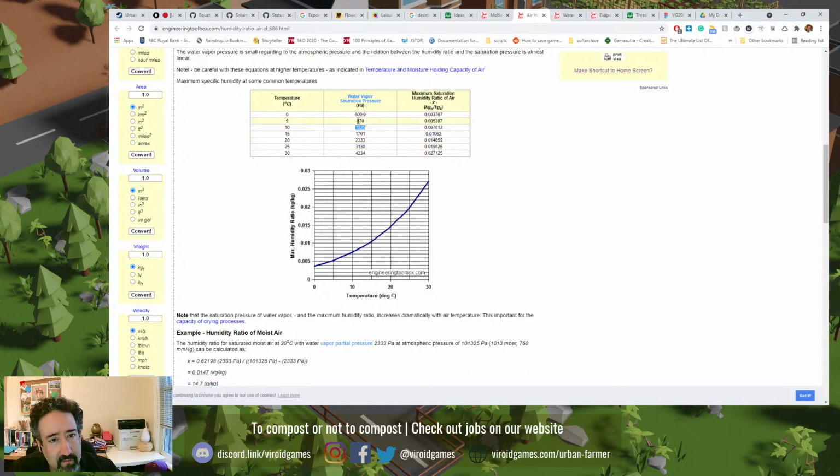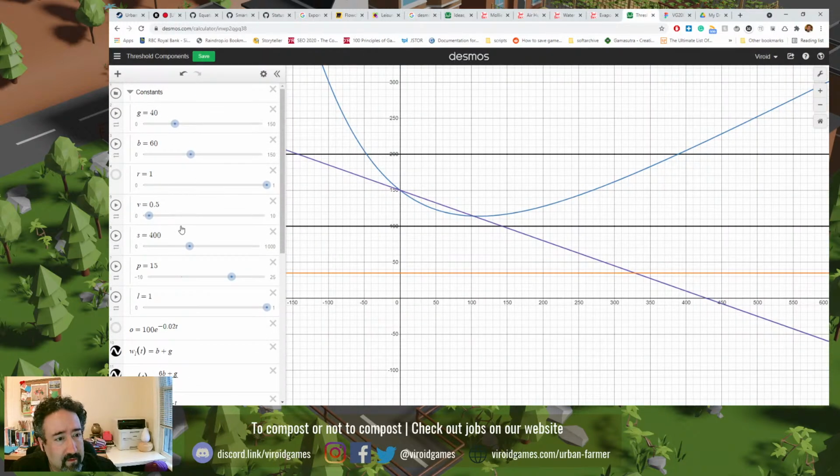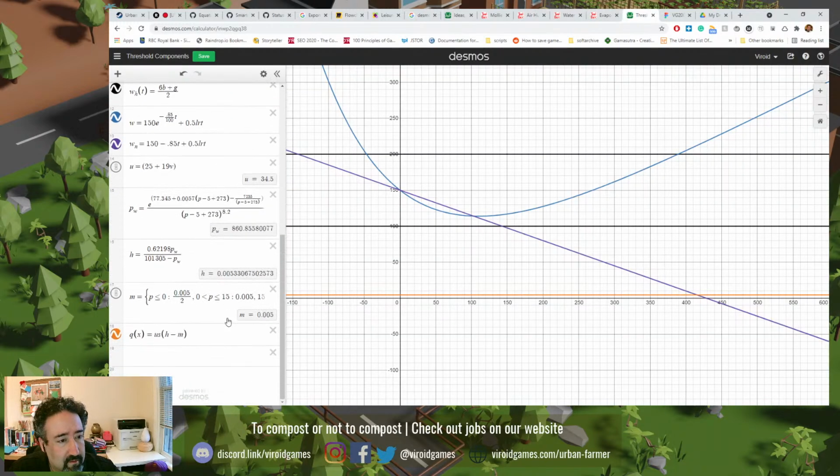When you get down to 5 degrees, will we read something along like 888? 10 degrees, like 5 there means actually this is 10. 870, did we get? 860, I'm impressed. So this is actually quite good. Not perfect.